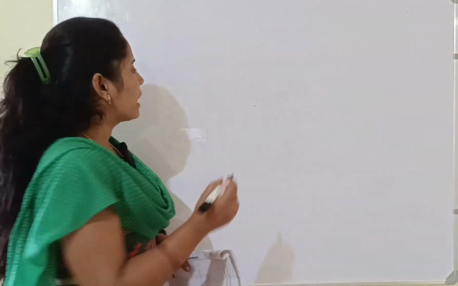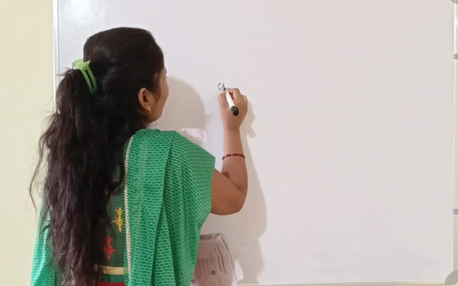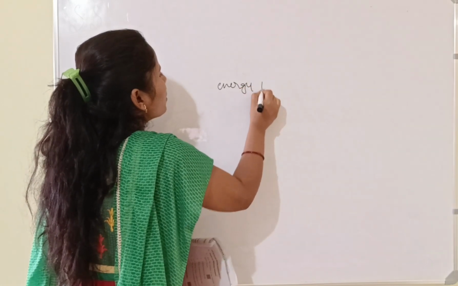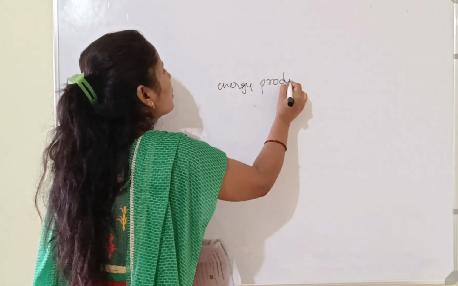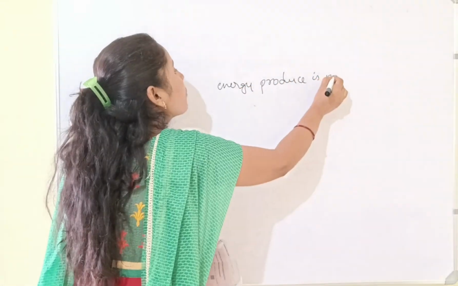So seventh question, production of nuclear energy is advantageous and also disadvantageous. Clarify this statement with suitable explanation. So production of nuclear energy is an advantage because the energy produced is more efficient.